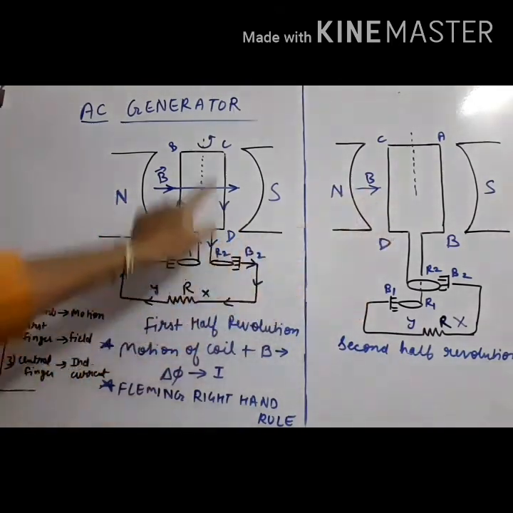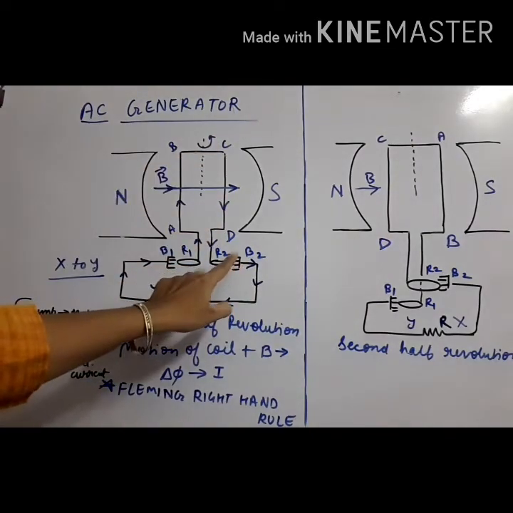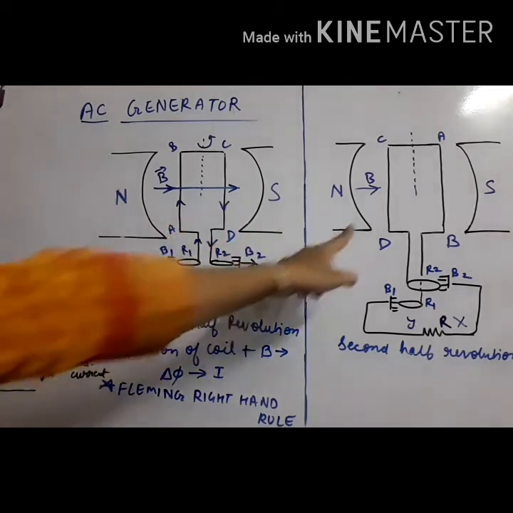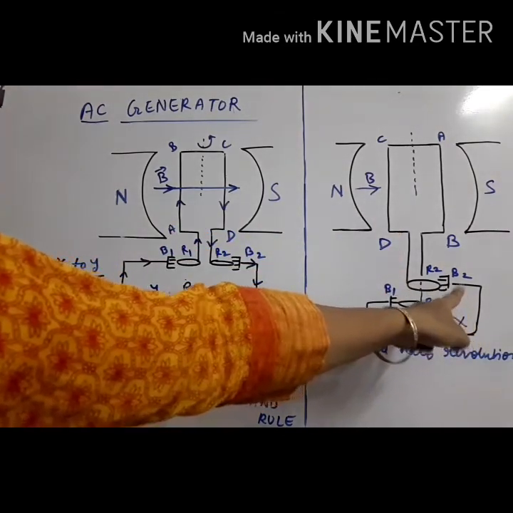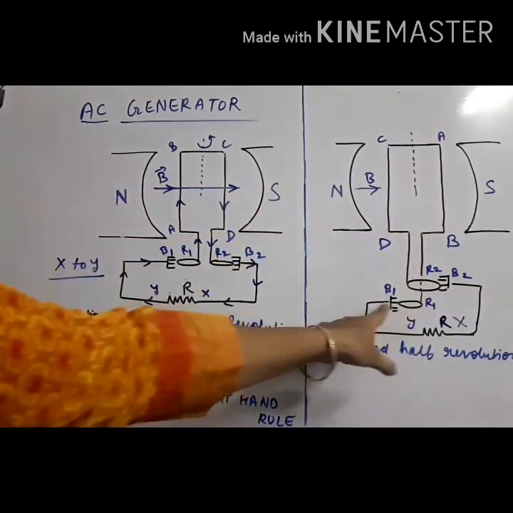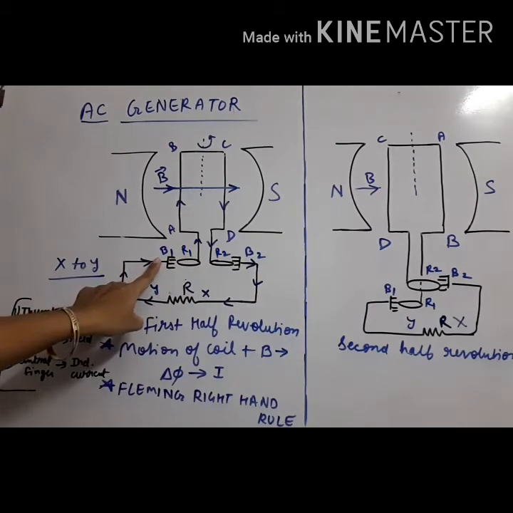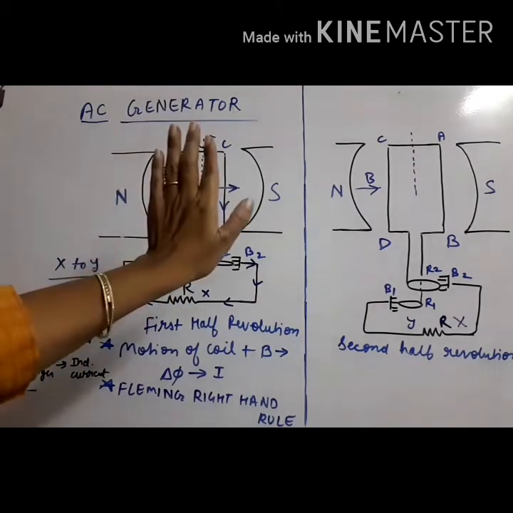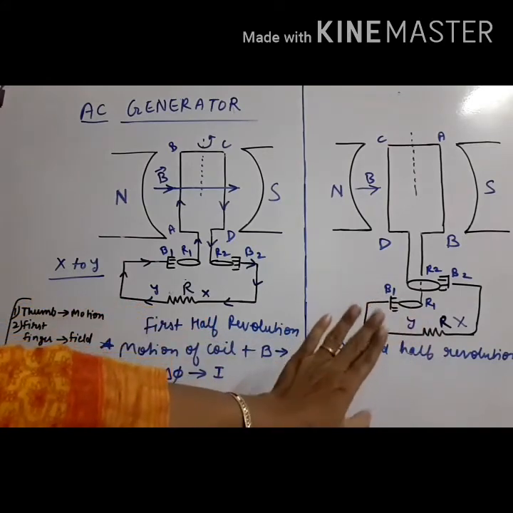And you just notice one thing. Here CD was connected with R2B2, and when CD came this side, then also it is connected with R2B2. And AB is still connected with R1B1. So just the coil turned, but the wirings are the same. All connections are in the same manner only.